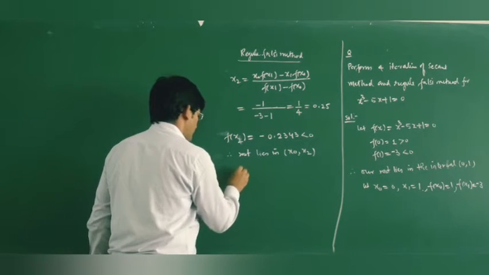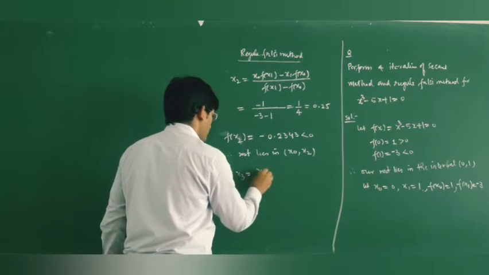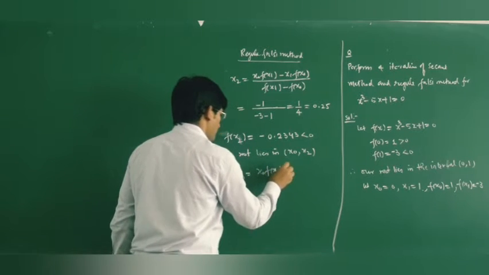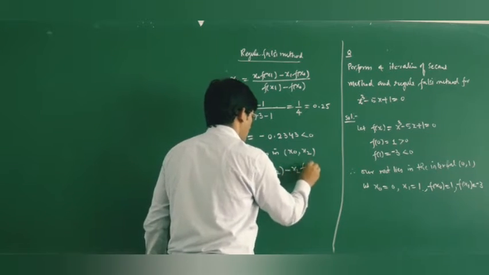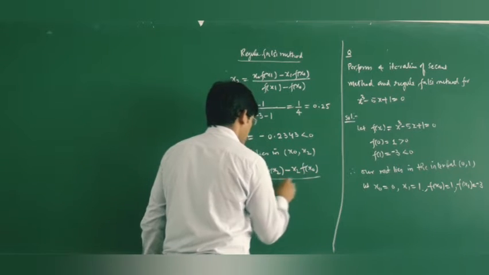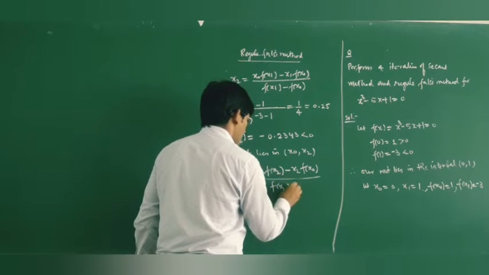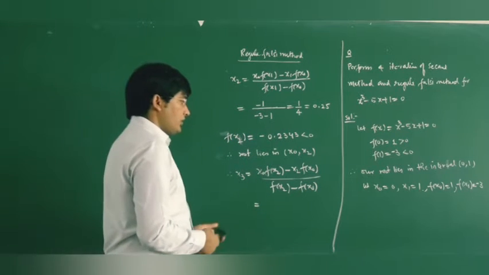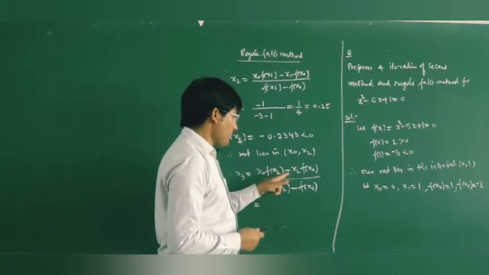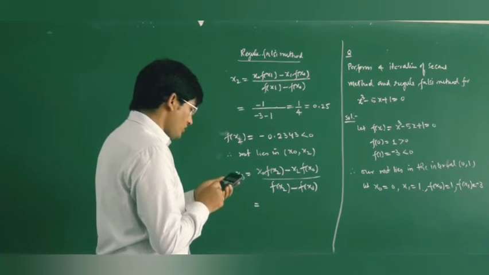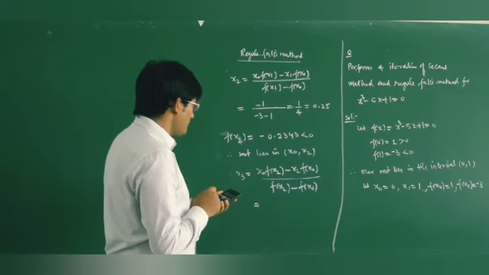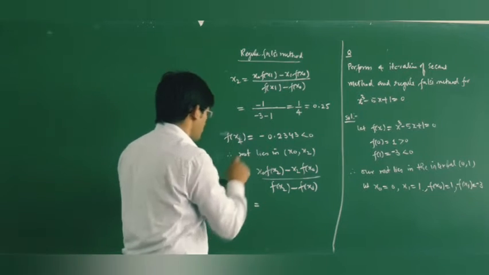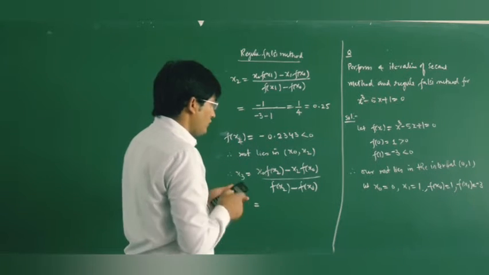So therefore your x3 will be x0 into f of x2 minus x2 f of x0 divided by f of x2 minus f of x0. Now your x0 is 0, so this term is 0, and this is minus x2 times f of x0.